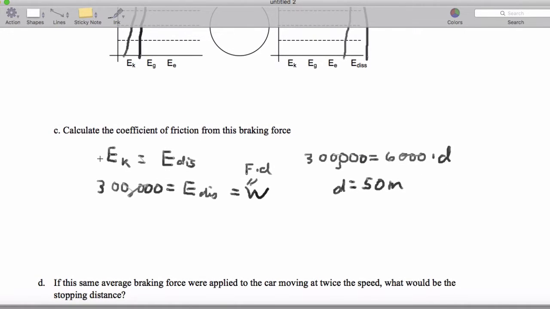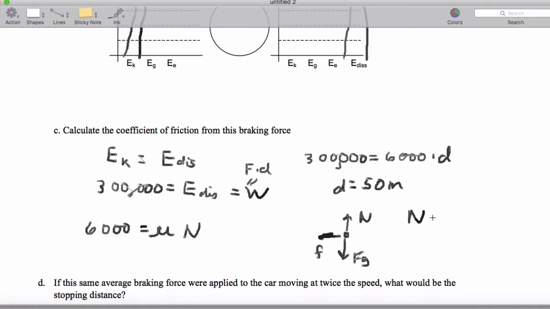Now we want the coefficient of friction from this braking force. Let's be really clear. So we've got 6,000 newtons equals mu times the normal force. Let's draw a free body diagram. This car is coming to a stop, so there's a friction force going left, a normal force going up and a weight force going down.